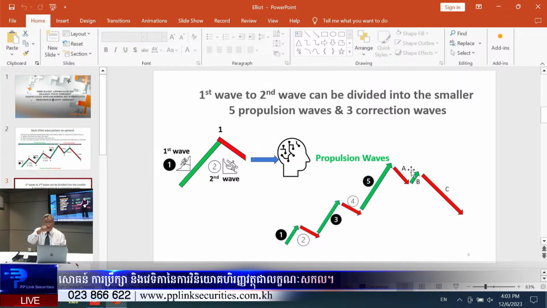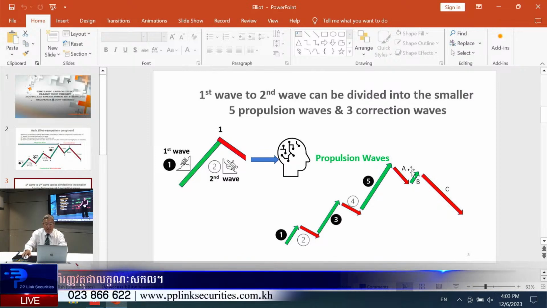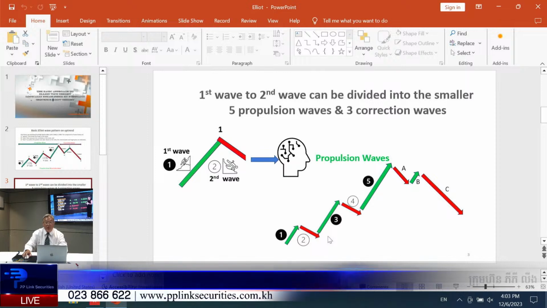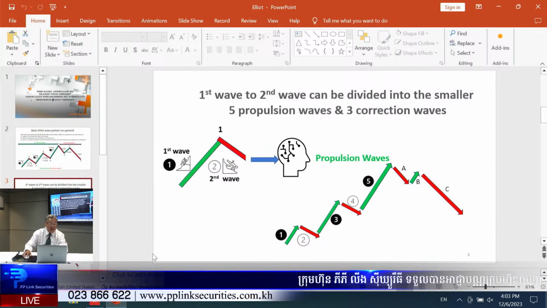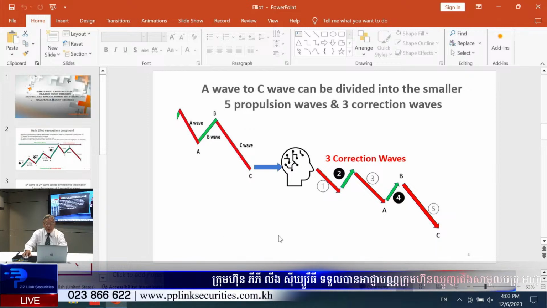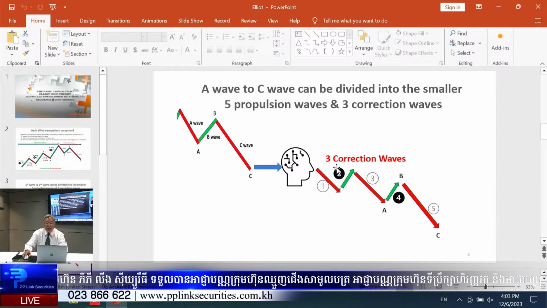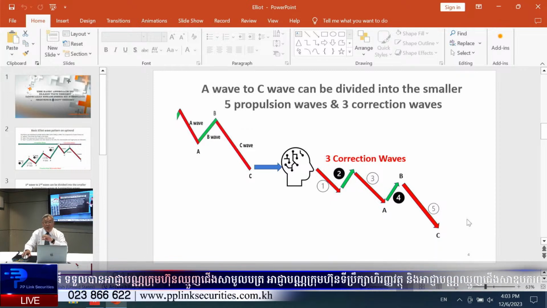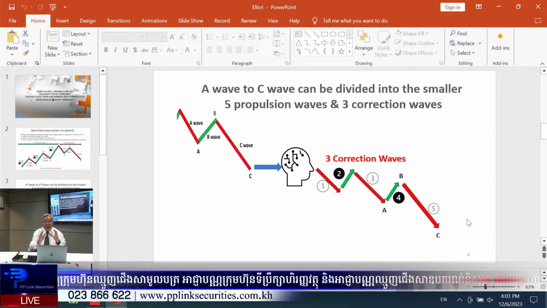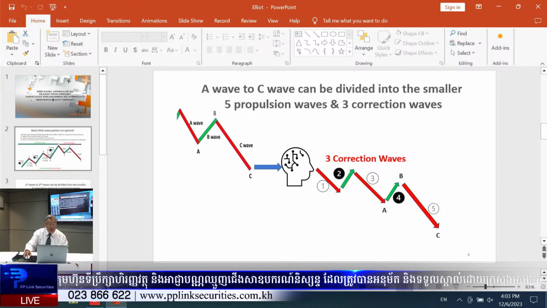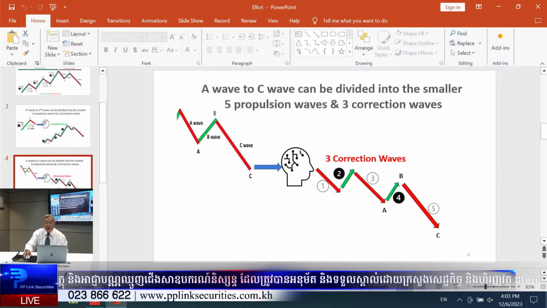There are many zigzags, so many candles, right? So this can also be divided into wave 1, wave 2, wave 3, wave 4, wave 5, and then ABC, something like this. On the correction waves as well, we have this kind of 1, 2, 3, 4, 5, if we analyze the chart in more detail. Okay, so this is a review of yesterday's sharing.